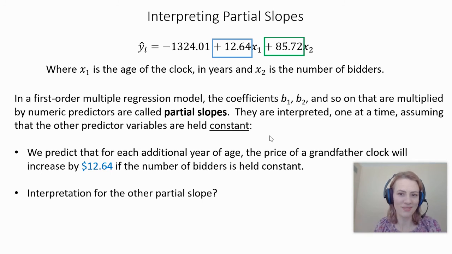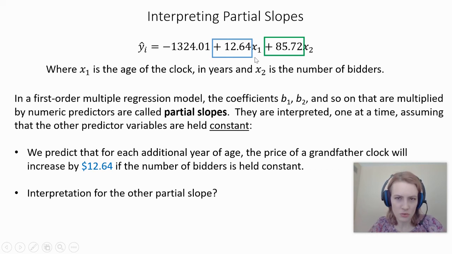What would happen? Well, the answer is much like in simple linear regression: these coefficients give us a sense of how much y will change for a 1 unit increase in x. This interpretation is strictly for first order models. Remember, we don't have any powers on our x's, and we don't have the x's being multiplied by each other.